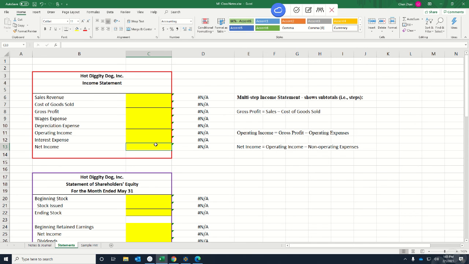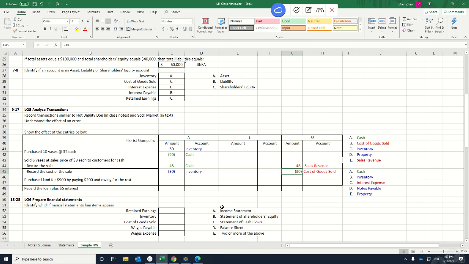Decreased by $30 because cost of goods sold is a minus sign. That's your cost. And if net income decreased by $30, your retained earnings will decrease by $30, which causes shareholders' equity to decrease by $30. So we record the account, but we use a minus sign to show that there's a decrease of $30 for shareholders' equity.